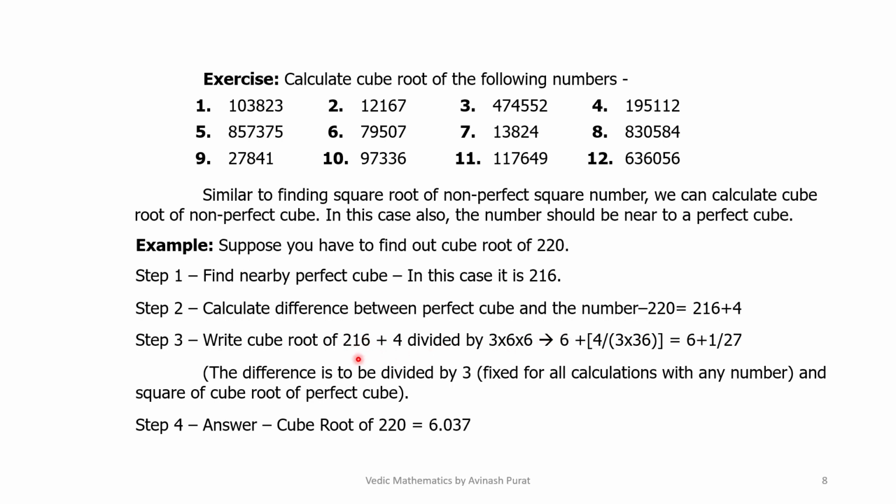In this case, the perfect cube is 216, so the cube root is 6, and the square of the cube root is 6 square, 36. So step 4, the answer: cube root of 220 equals 6.037, since 1 by 27 is 0.037.